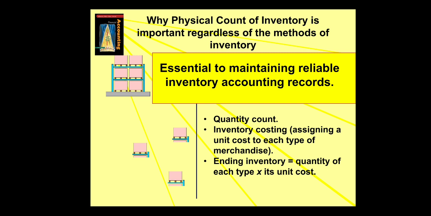So if a business uses the perpetual inventory system, it is not compulsory to manually calculate the ending inventory or do a physical stock take.